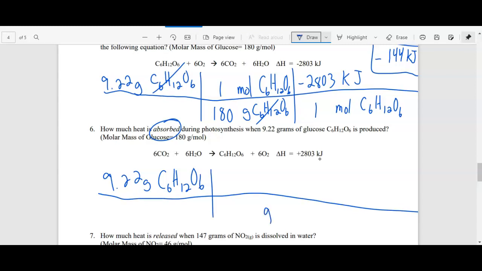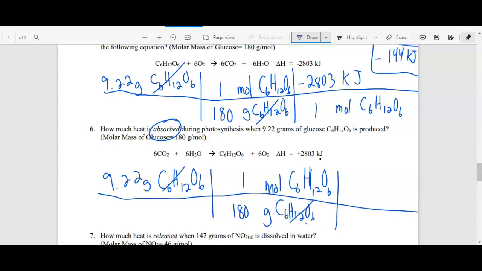And we're going to take grams of C6H12O6, and we're going to go back to moles, just like we did a second ago. That's because our equation is set up for the number of moles for heat. 1 mole is 180. That comes from adding all these up. They went ahead and provided that to you in the problem. Grams is going to cancel out.